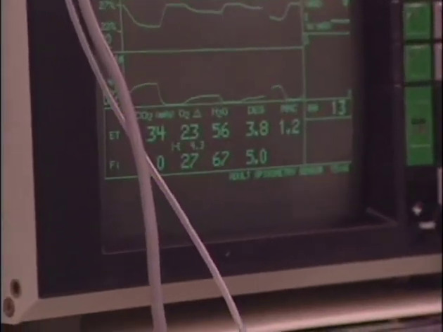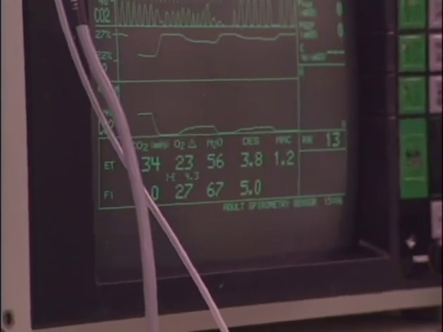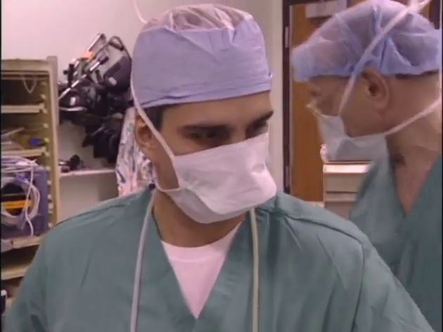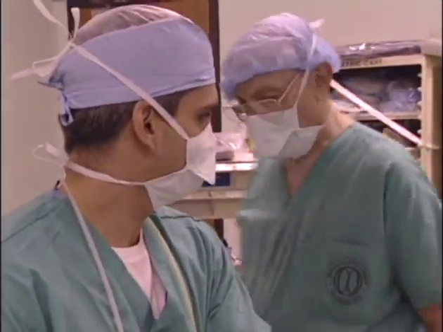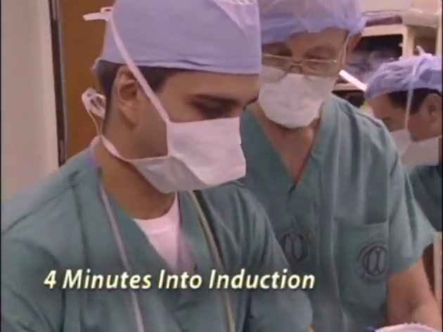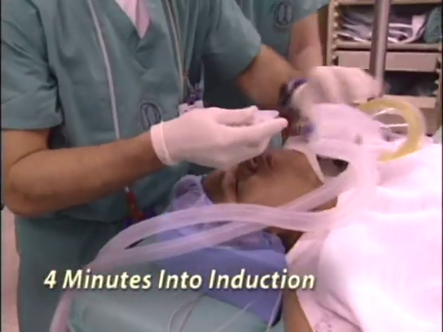Okay, we have now up to 56% nitrous and 3.8% desflurane. She is still obstructed. I think it's time to put an oral airway in. Can you do that? Yes. All right, you're going to have to be very quick. Can you do that? Yes, sir. All right, go for it.